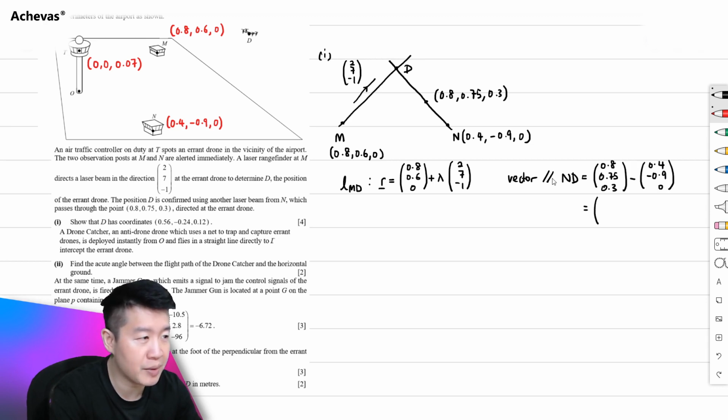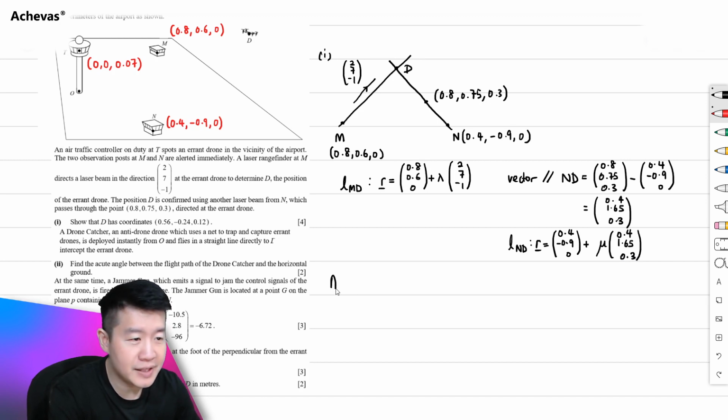So a direction that is parallel to ND will be (0.4, 1.65, 0.3). For the line that passes through N and D, this will be r equals (0.4, -0.9, 0) plus mu of (0.4, 1.65, 0.3), which means that at the point D, the two lines are going to intersect.